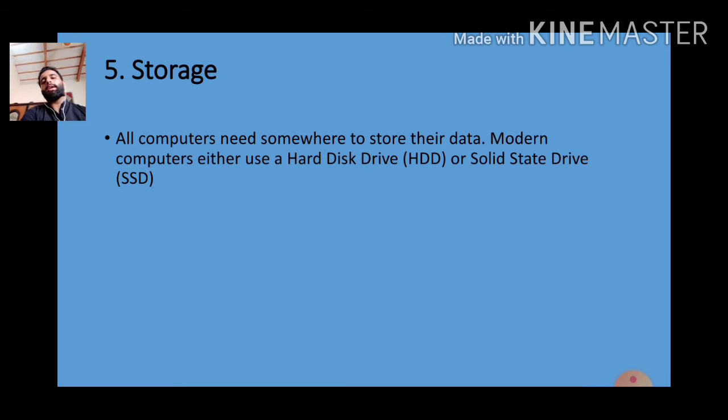Another one is storage. All components need somewhere to store their data. Modern computers use either a hard disk drive, HDD, or a solid state drive, SSD. What it does: HDDs are made of an actual disk into which data is stored.